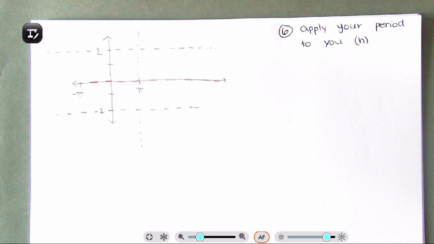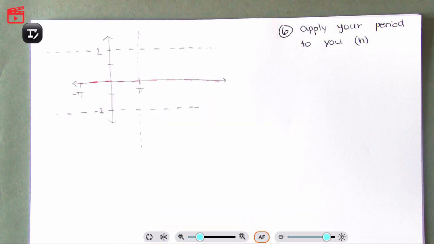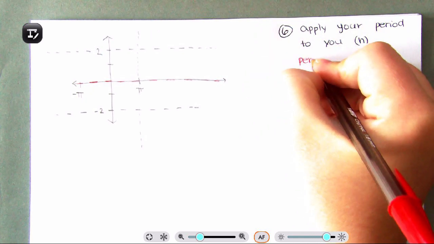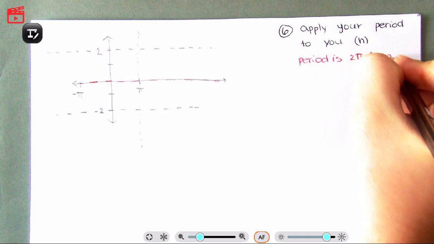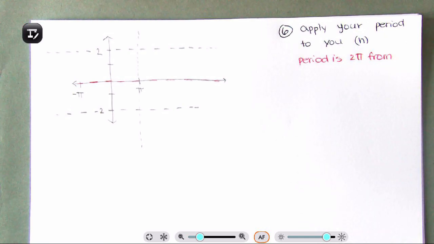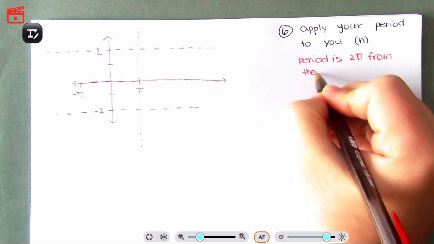So what is 2 pi from this original starting point? So period is 2 pi from the starting point, and this is only for this example. Use your B value to find what your period is for each individual question.